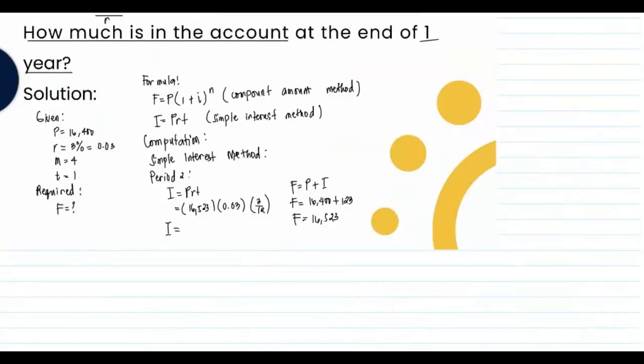123.9225. And then this value would now be used to calculate the new future value. So for this case, this would be erased. You would substitute this by 16,523 plus 123.9225.